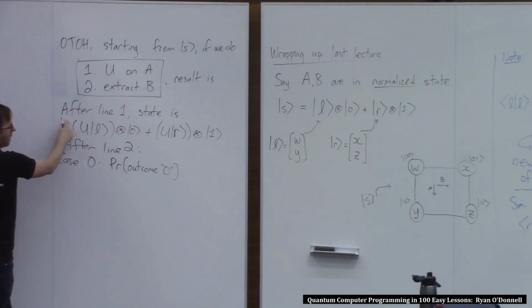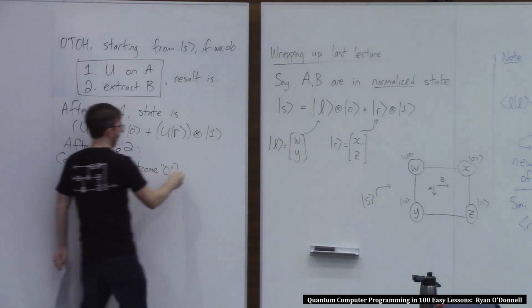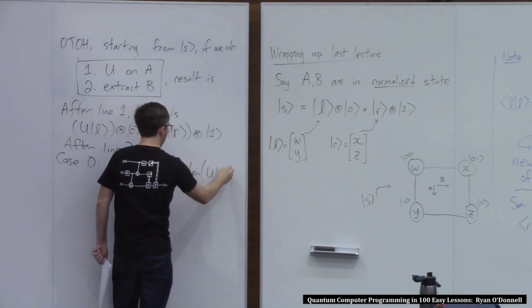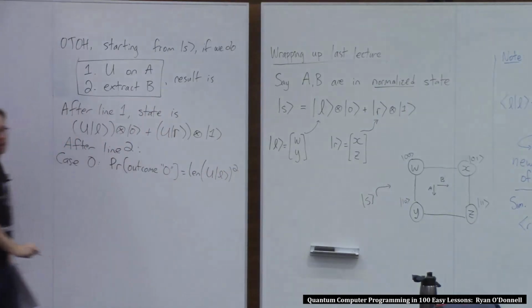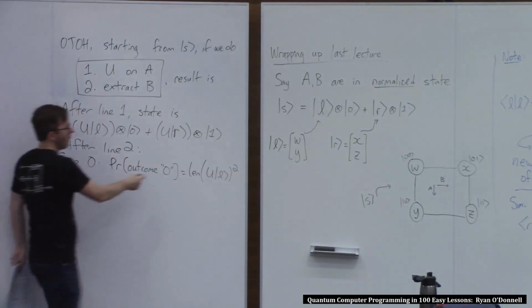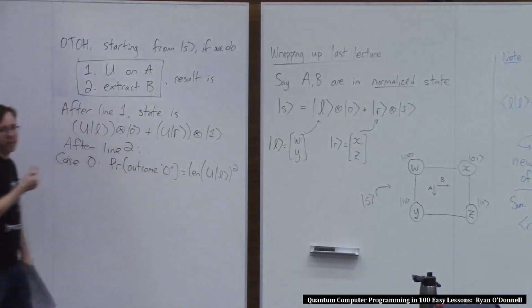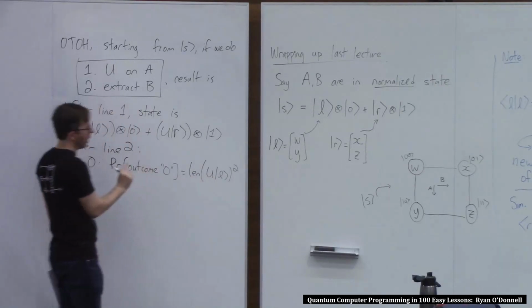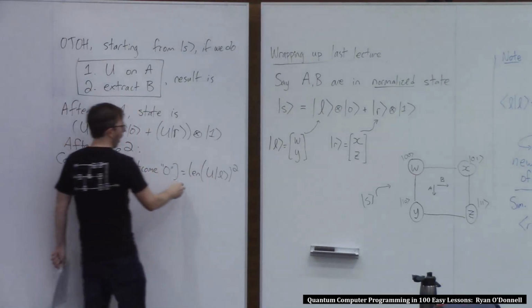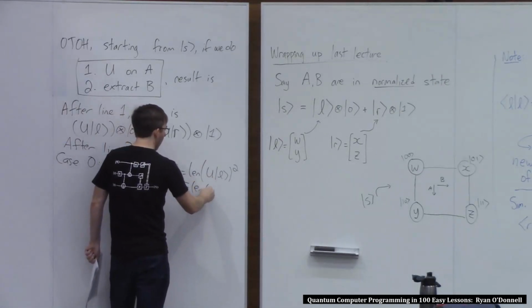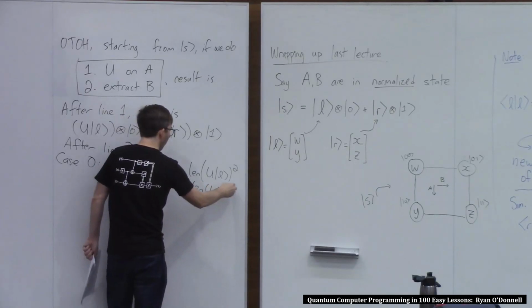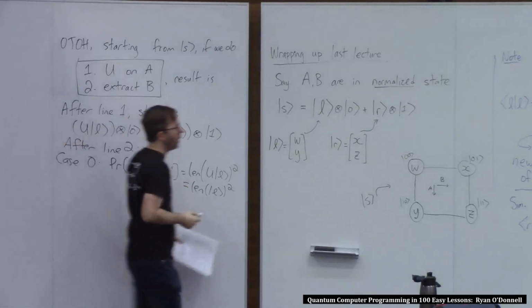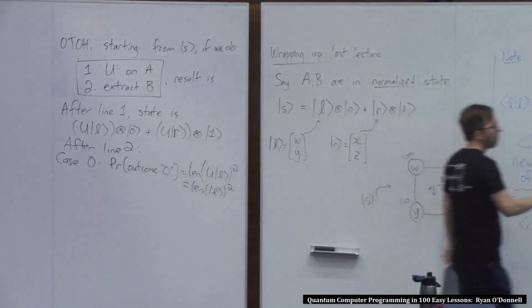Okay, this is still a normalized state, so it's the squared length of this. But now we remember U is a unitary operation. That means it doesn't change the lengths of vectors. And that's true even if they're not necessarily unit vectors, which ket L is not. It still doesn't change its length. So this is also equal to the length of L squared. And that's nice. That's using unitariness, because it's the same probability as here.